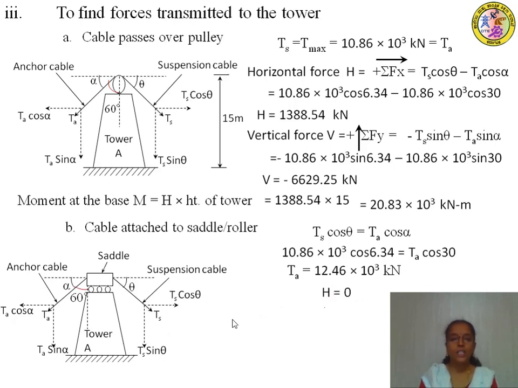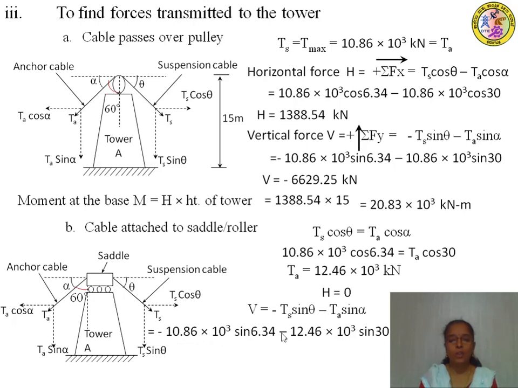Okay. Next, to find the vertical forces, apply sigma Fy. So V is equal to minus Ts sin theta minus Ta sin alpha. So that will be equal to minus 10.86 into 10 power 3 sin 6.34 minus 12.46 into 10 power 3 sin 30. So that gives a vertical force of minus 1205.48 kilonewton.